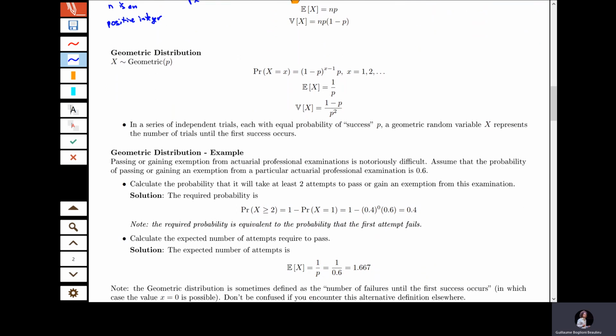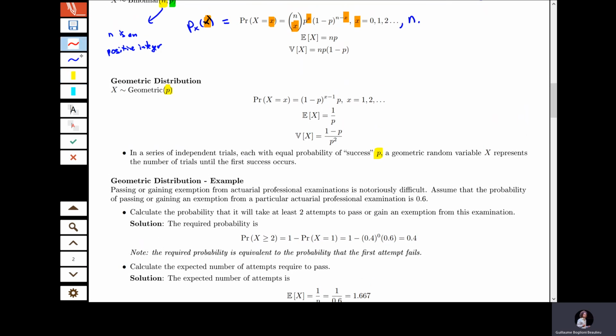Then we have the geometric distribution, which also has an interpretation in terms of events or independent trials. In a series of independent trials, again each trial can yield a success or a failure, each independent, each with probability of success little p. A geometric random variable represents the number of trials needed until you get the first success.